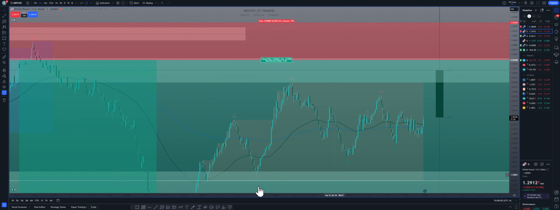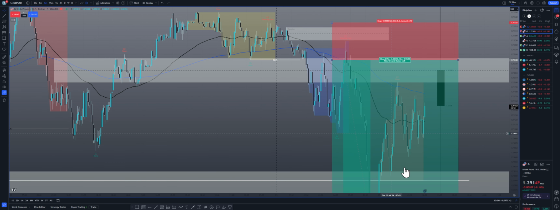If I were to see a structure, if price were to take out this low, that would be my entry to look for some shorts.